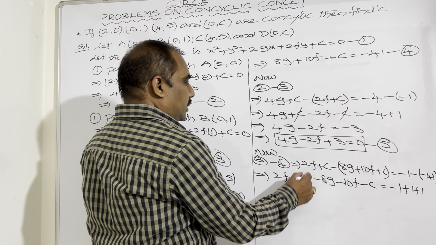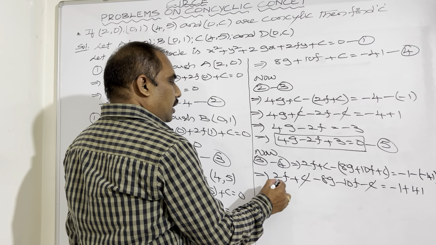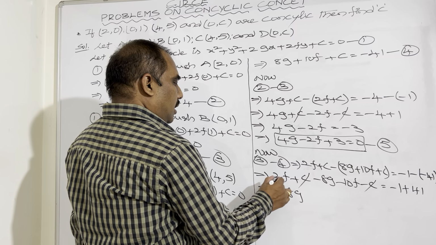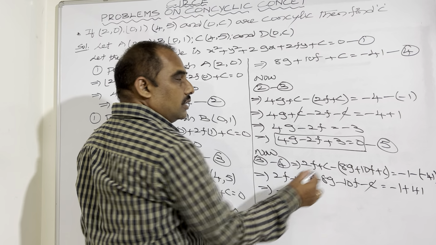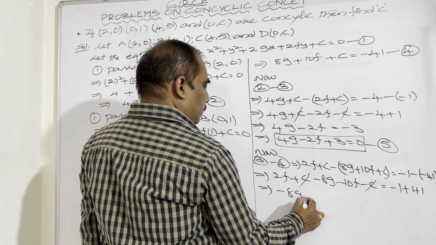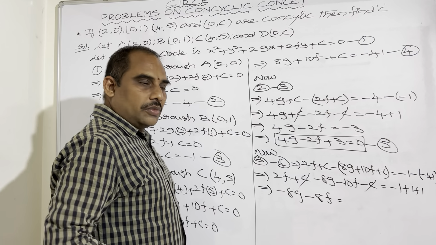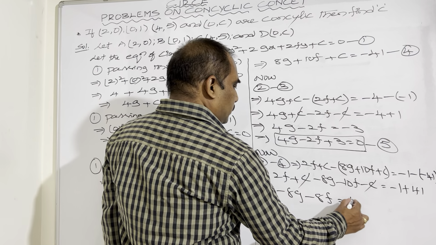Here c gets cancelled. So minus 8g plus 2f minus 10f, which becomes minus 8f, is equal to plus 41 minus 1, which becomes 40.